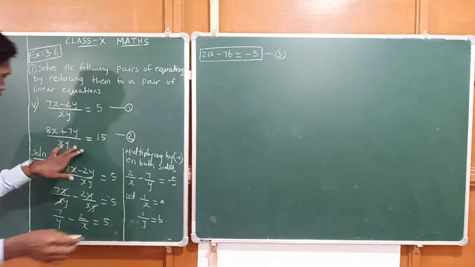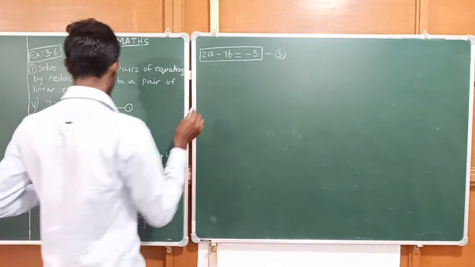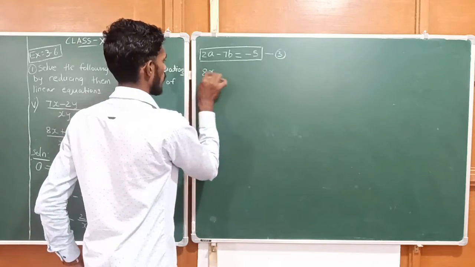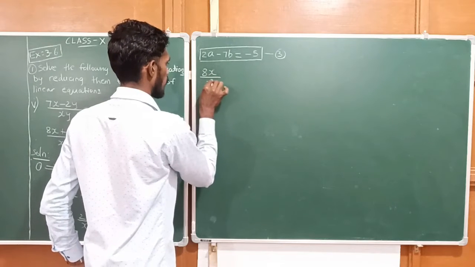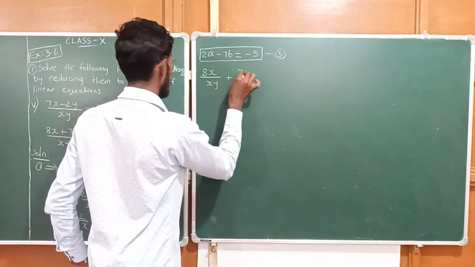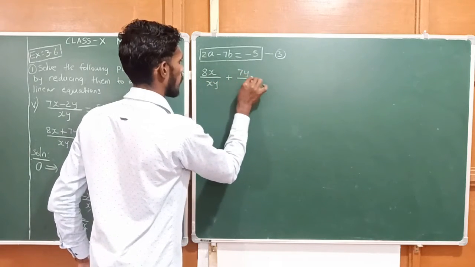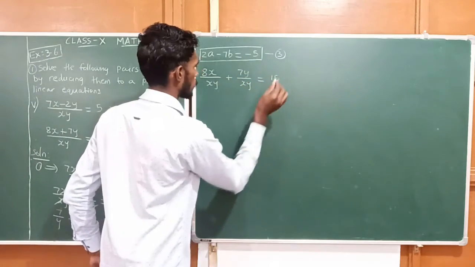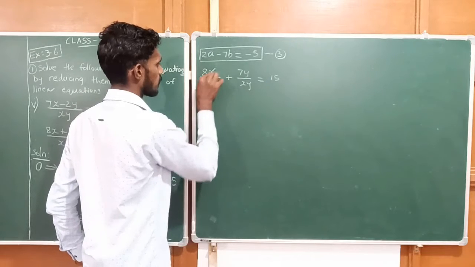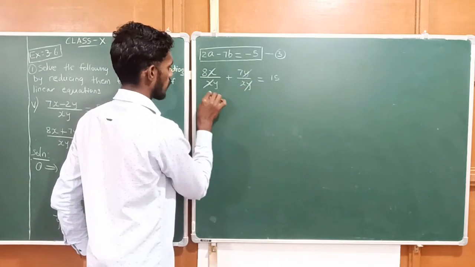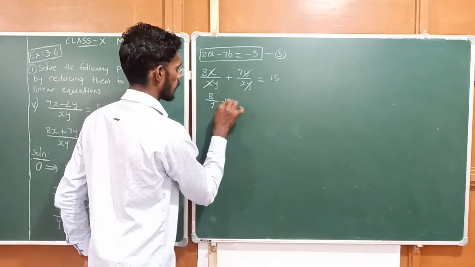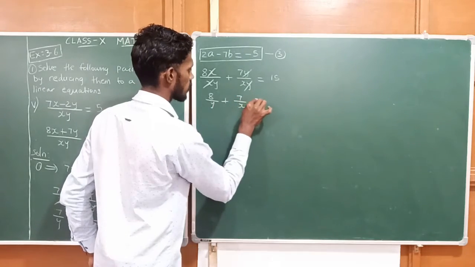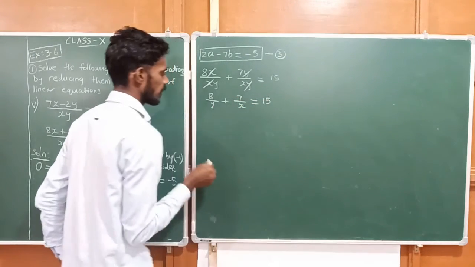Then consider the second equation, split the numerator. So it is 8x by xy plus 7y by xy is equal to 15. So this can be written as 8 by y plus 7 by x is equal to 15.